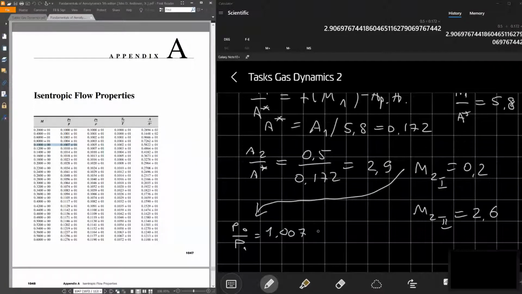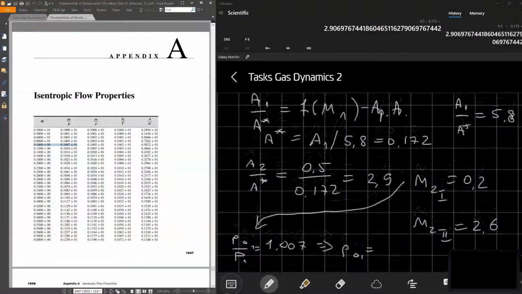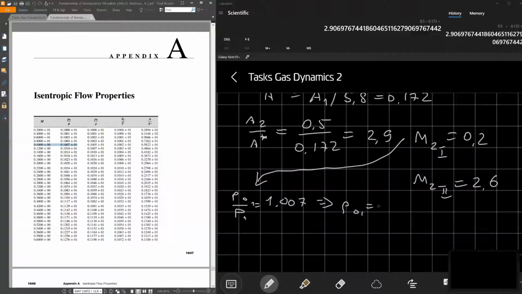Okay, and it means that pressure P01 at point 1, my P1 was 10 atmospheres, multiplied by 1.007, and it's equal to 10.07 atmospheres. Okay, dimensional property.